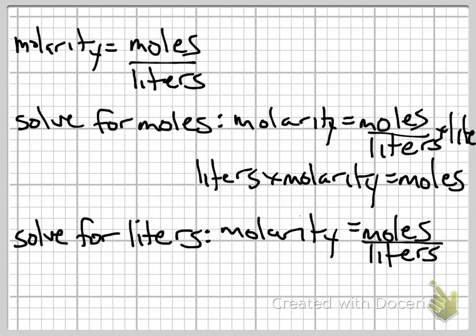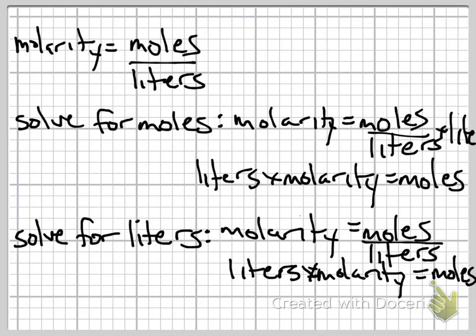And the goal always is to get the quantity we're interested in by itself on one side of the equation. Right now, it's in the denominator, so we're dividing by liters, essentially, so we're going to need to multiply by liters. So liters times molarity gives us moles, just like before.